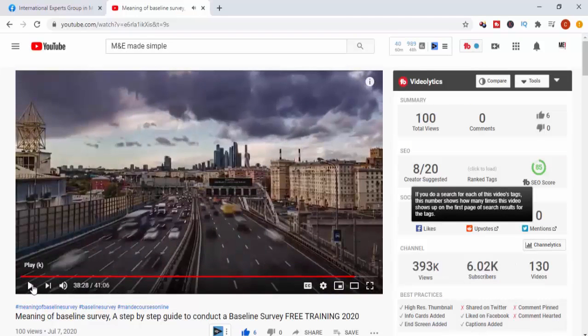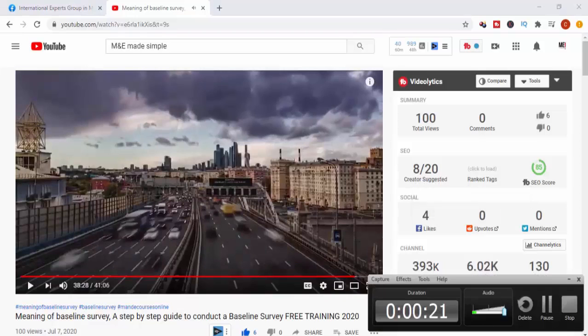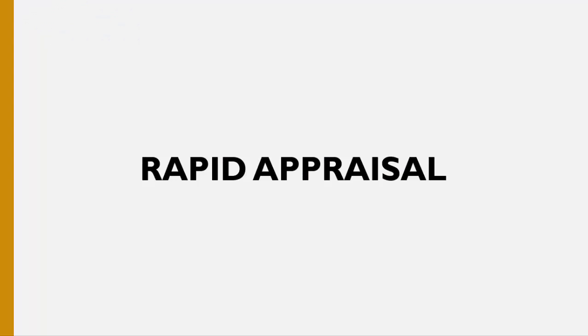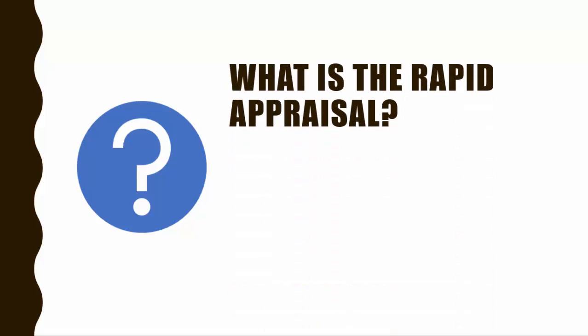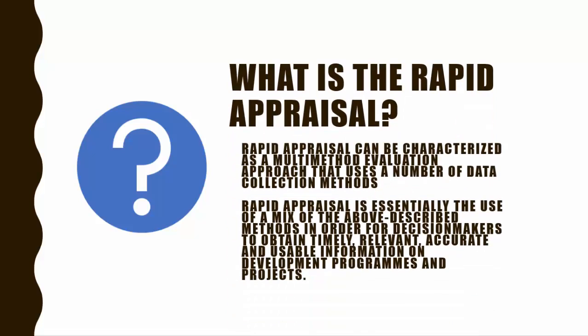The first evaluation method I want to talk about is the rapid appraisal, because this is the one I'm more familiar with. The rapid appraisal is a good approach when doing evaluations. And what makes it a rapid appraisal? Well, let me just read what it says here.